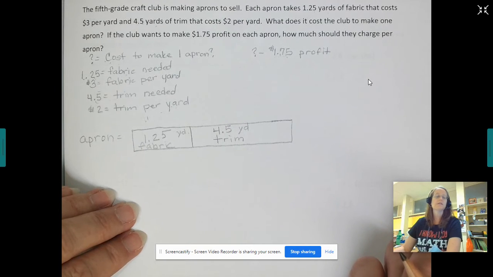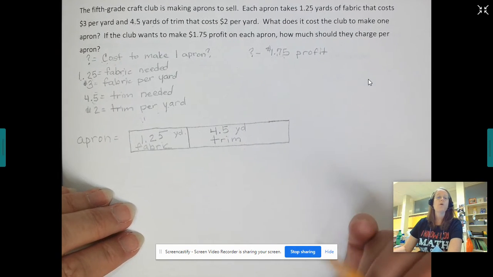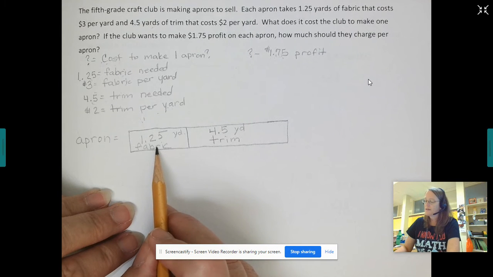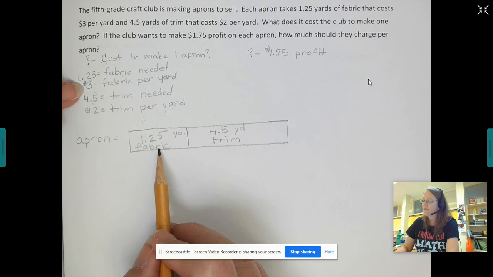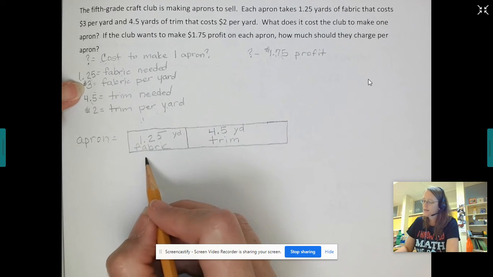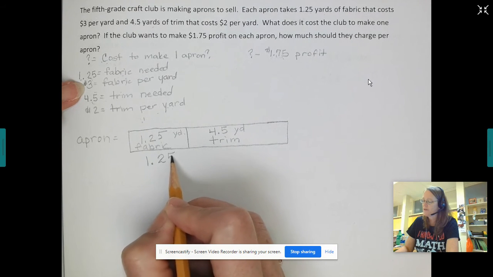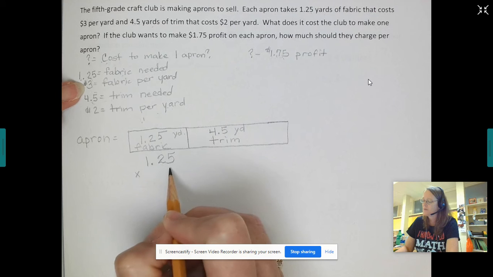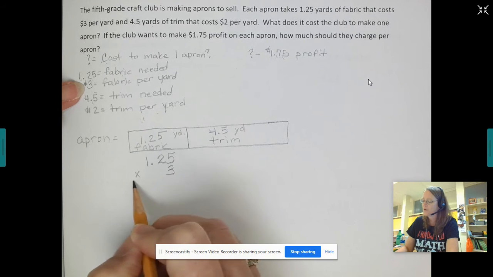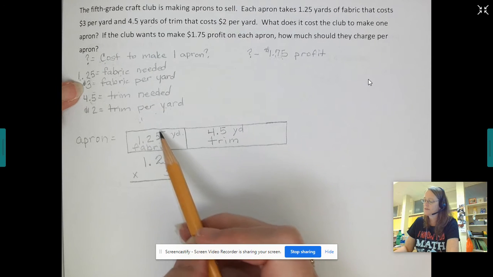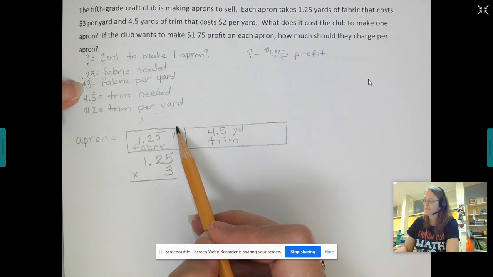Okay, so let's think for a second. What would it cost for us to buy enough fabric? Well, we know that the fabric is $3 per yard. So we would need to multiply 1 25 yards times the $3 per yard to figure out the cost of the fabric.